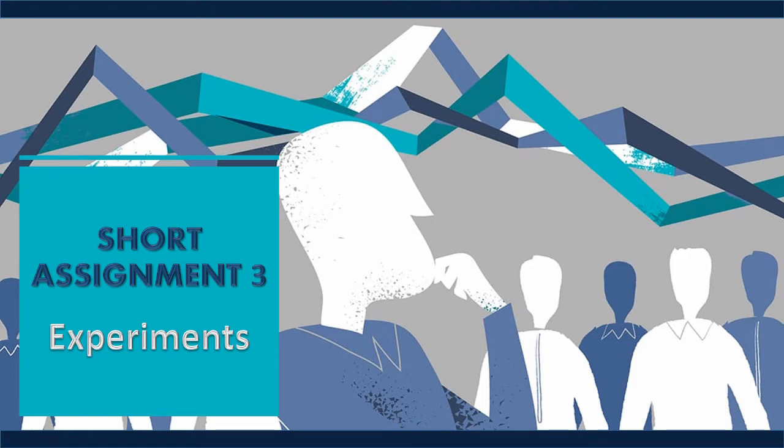In short assignment 3, you're going to be asked to think further about experiments. In part 1, you'll see a series of lay non-scientific experiments. What I want you to do is to watch these clips in full and identify the independent variable, that is the variable being manipulated, and the dependent variable, or the variable observed, to see whether changes in the independent variable affected it.